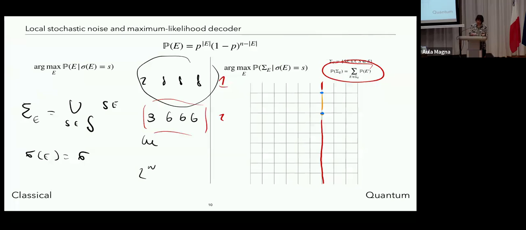Otherwise, it would not be a problem. So this is error 1, and this is error 2, and error 1 is going to be equal to logical X. No, we are doing Z. So logical Z times error 2. Okay, so you can have different logical errors that still have the same syndrome. Yeah, yeah. Okay.